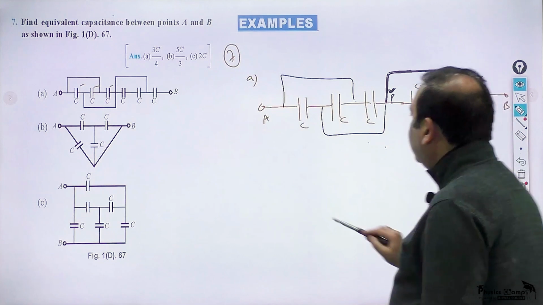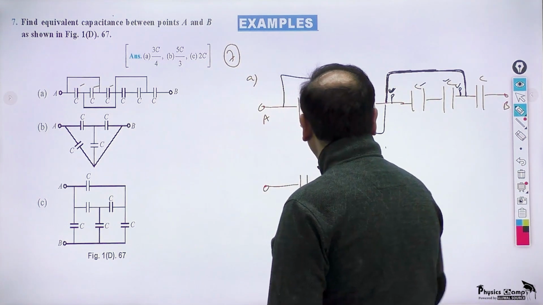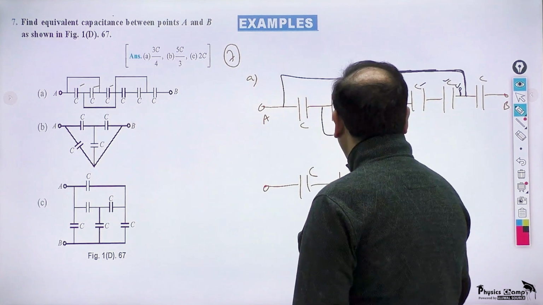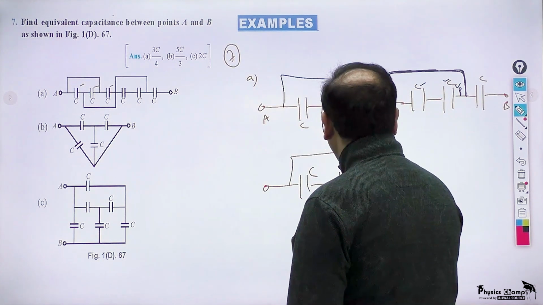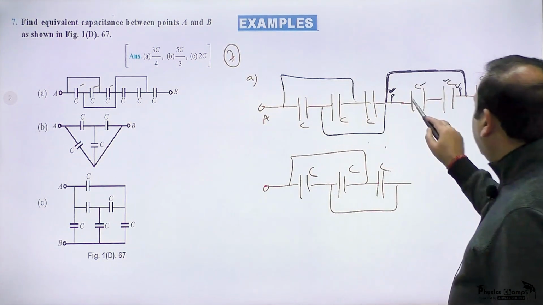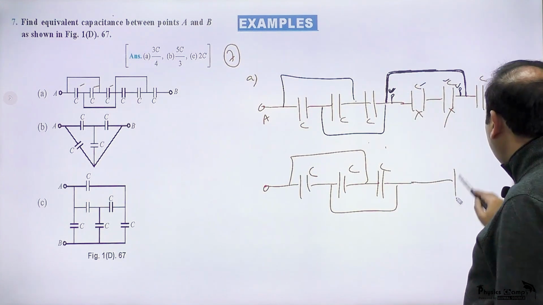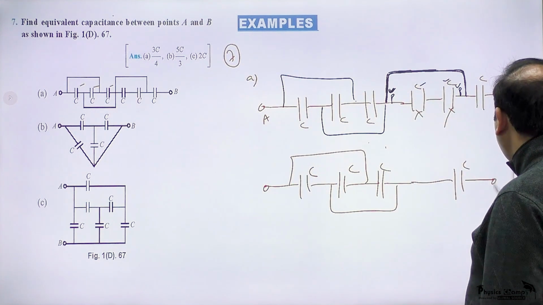So the whole arrangement I can compare like this: C, C and C, and yes, they are in parallel, no problem, but then these two are negligible because of the short circuiting wire, and then you have C and this is B.